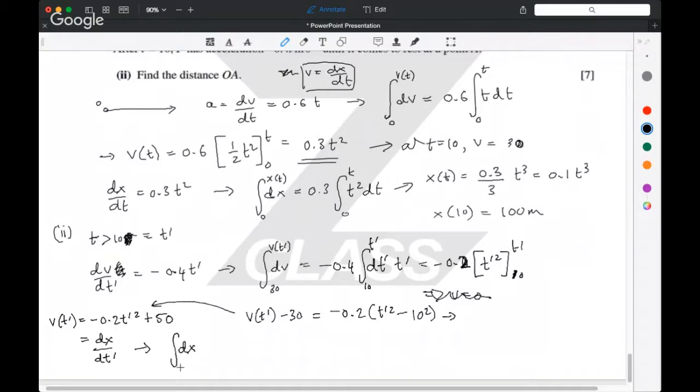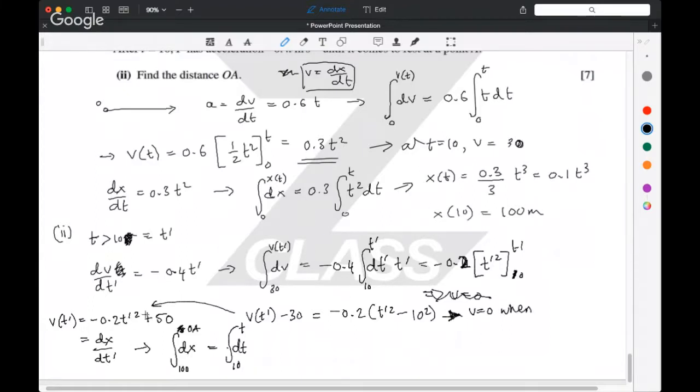So we're going to integrate from whatever x was at 10 seconds, which was 100, to our final x, OA. And that's going to be equal to the integral over time from 10 seconds to this final time. In fact, let's just work out what that final time is, because we know that at the final time the velocity is 0.